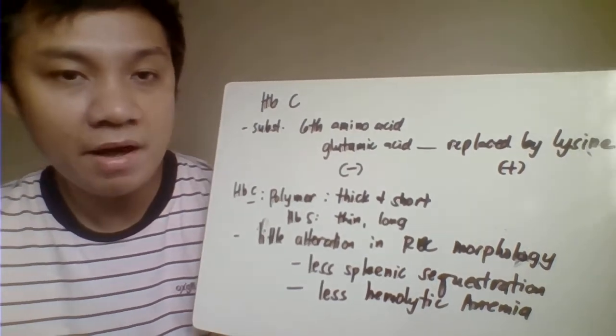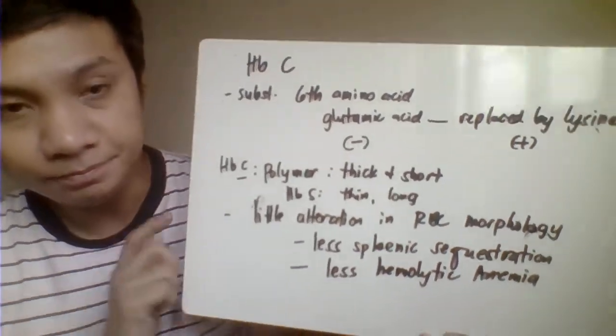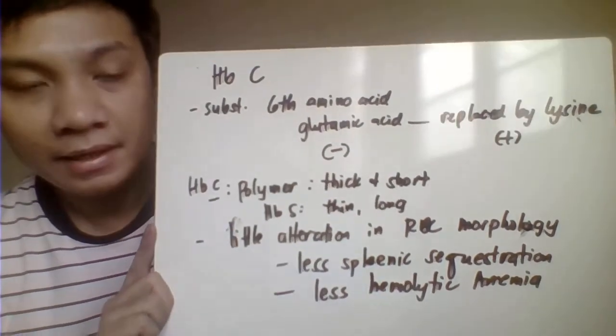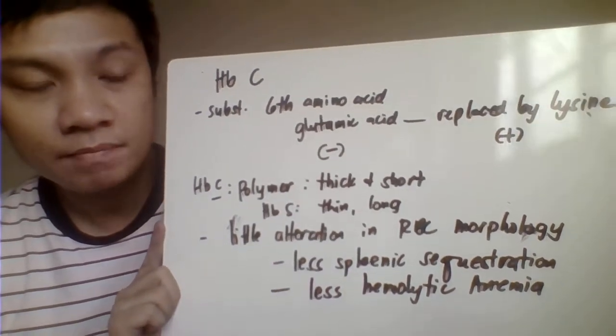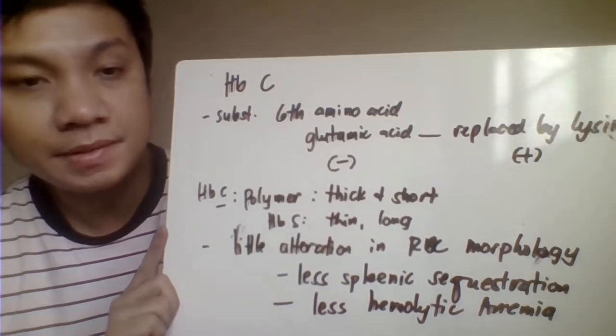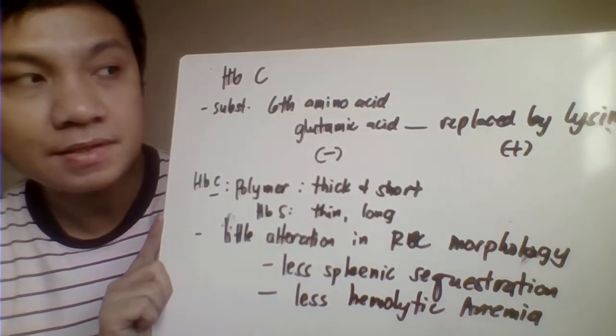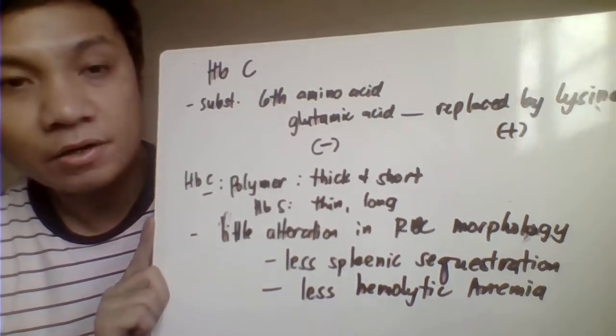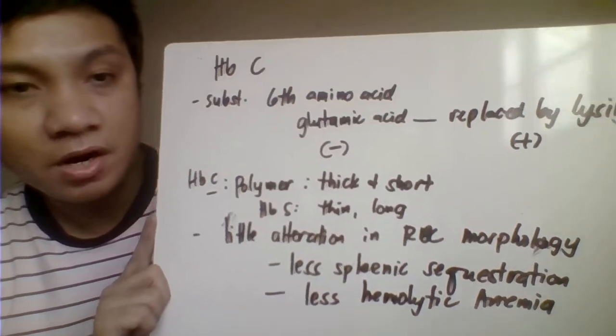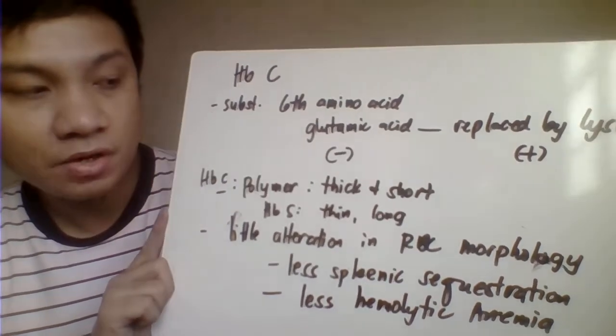Okay, the next one is your hemoglobin C. Hemoglobin C is also characterized by a substitution in the beta globin chain at position number 6, where your glutamic acid is replaced by your lysine. The glutamic acid is negatively charged, while lysine is positively charged.